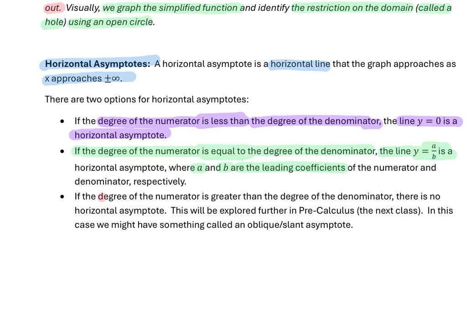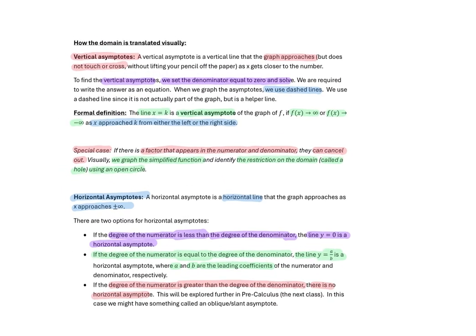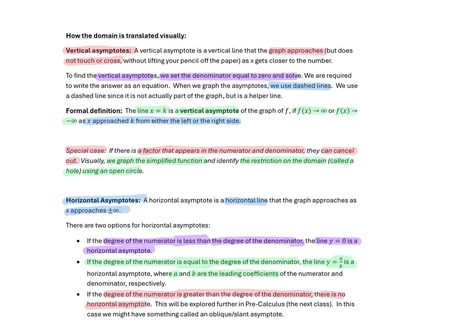The last option is if the degree of the numerator is greater than the degree of the denominator, there is no horizontal asymptote. If it's exactly one more, we have something called an oblique or a slant asymptote, but we will look at that next semester. So that's the first thing we're going to talk about: we're going to focus on rational functions, and figure out what the asymptotes are, horizontal and/or vertical.